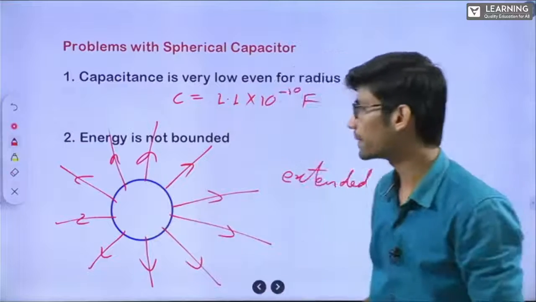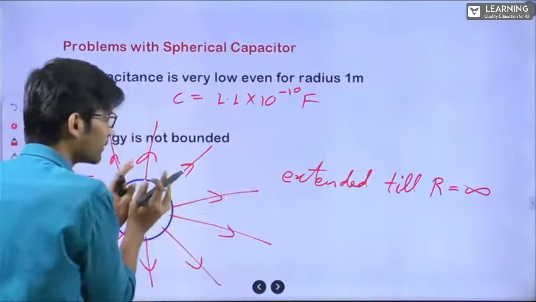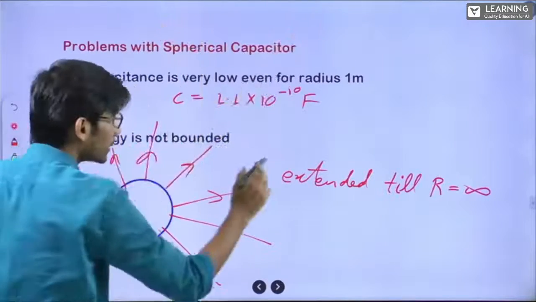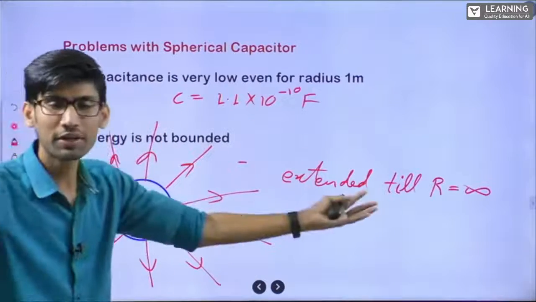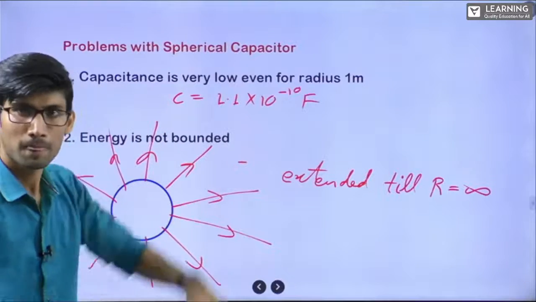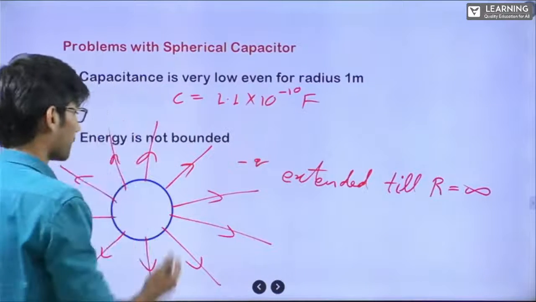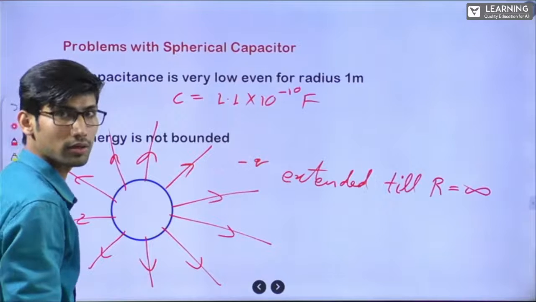See here how it gets spent. Easy to understand, just for understanding. Now suppose these electric field lines are till infinity, R is equal to infinity. At a very large distance, obviously in its path till infinity there will be a lot of charges around. Suppose there is a minus Q charge here. This will attract, the charge on this capacitor will become less. Correct?